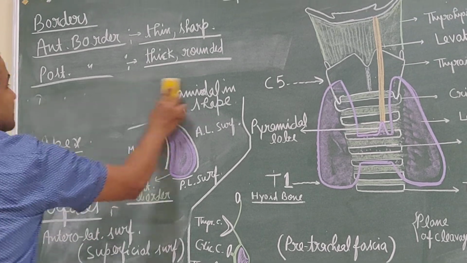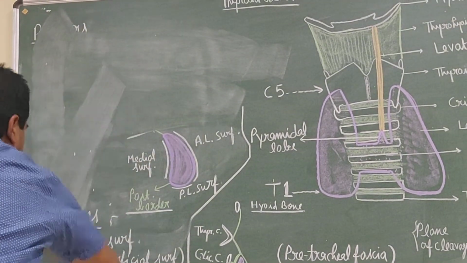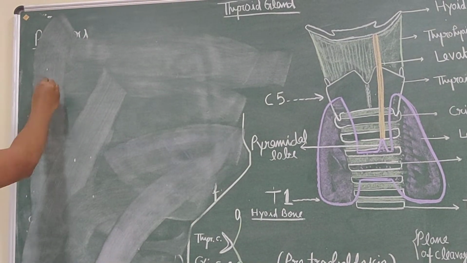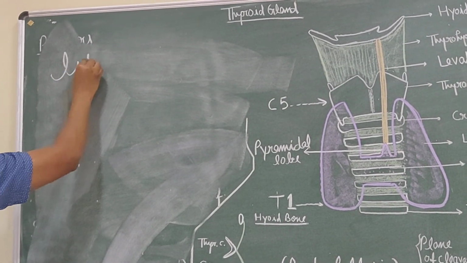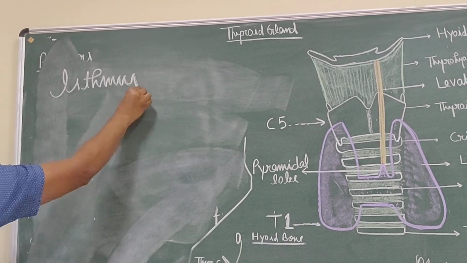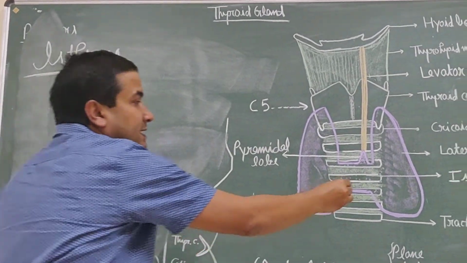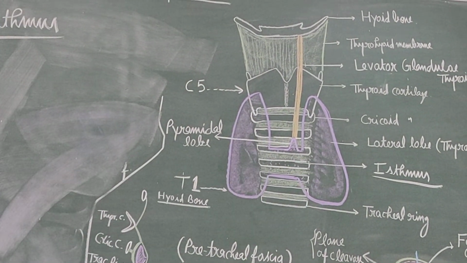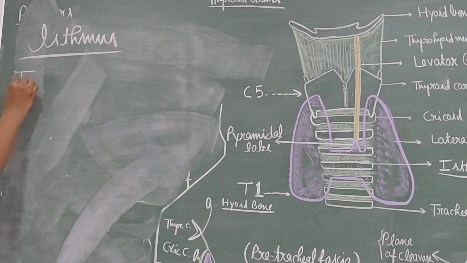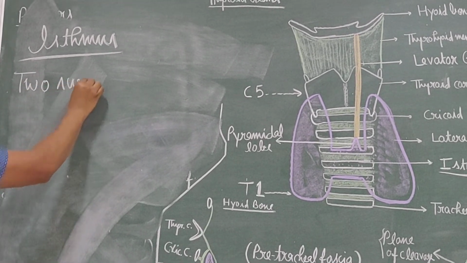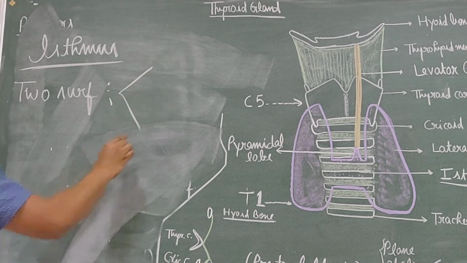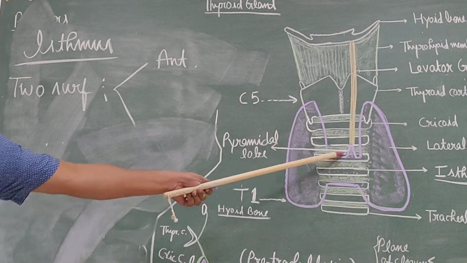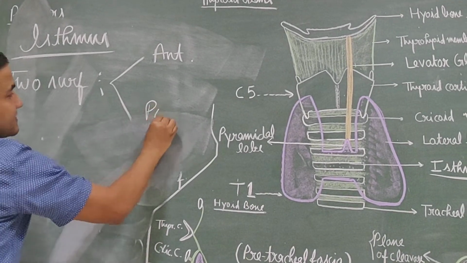Now the isthmus, which connects the two lateral lobes. This isthmus has two surfaces. One is in front, the anterior surface, and one is behind towards the trachea, the posterior surface.